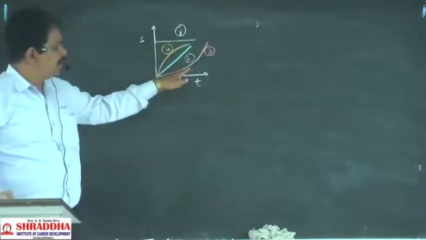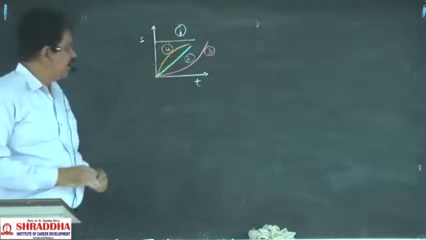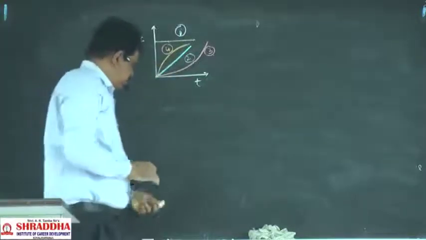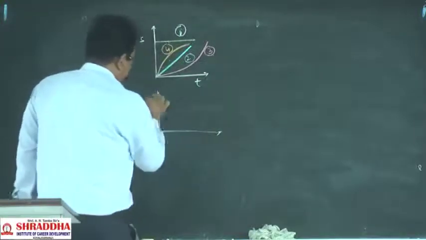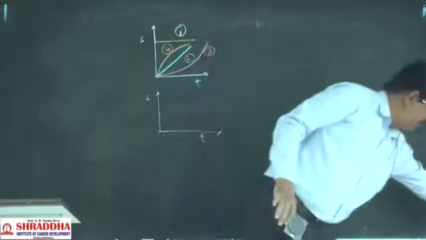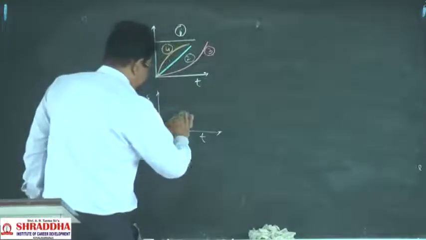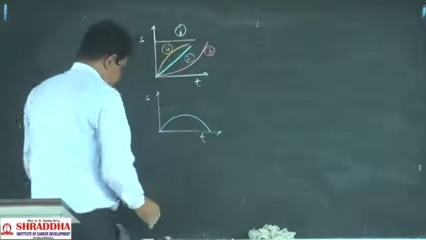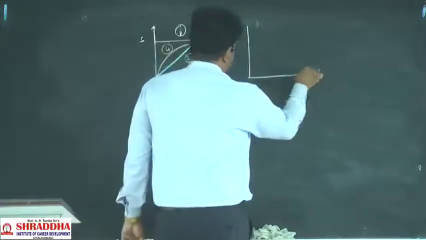Uniform retardation, uniform acceleration, uniform velocity, body at rest. In the same manner, for a vertically projected body, the graph shape will be in this manner.